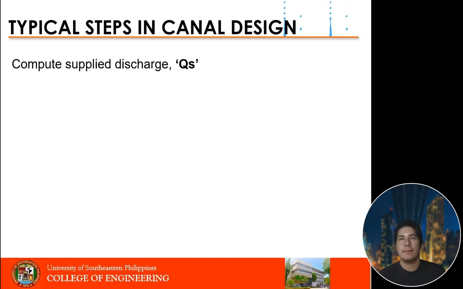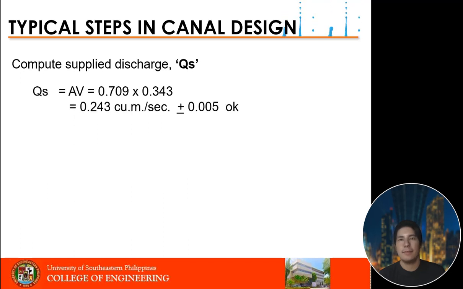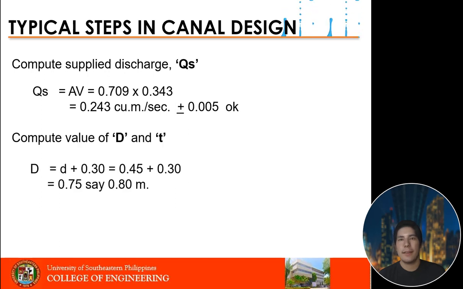So we can also compute for the supply discharge, the QS. So we have 0.243 cubic meter per second. So that's okay. So we can also compute for the value of D, which is 0.8 meters. And we can compute for the top bank, which is 0.8 meters.